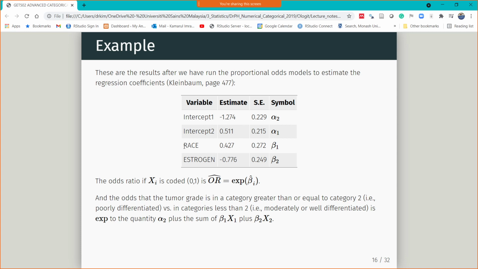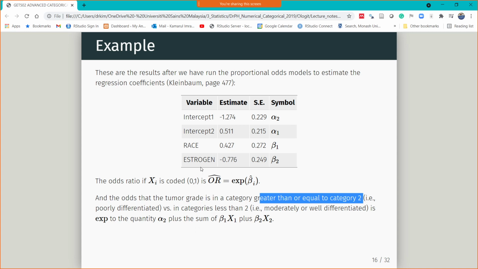And if you look here for race, again, if you have race 1 versus 0, then this means for race 1, the log odds to be in the category greater than or equal to category 2 is 0.427.